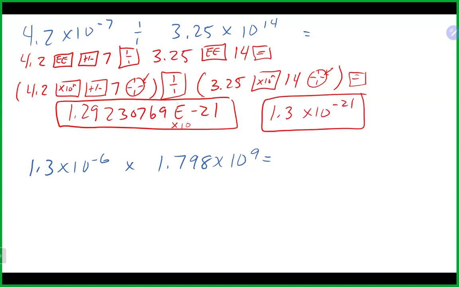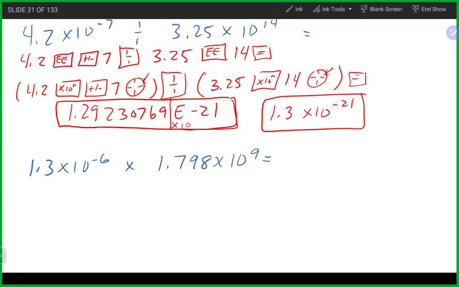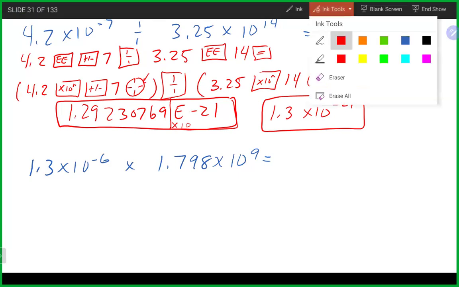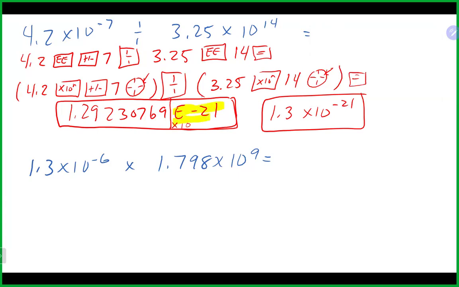Now, I would say a lot of people, when they punch these things into their calculator, or they get an answer in scientific notation, forget all about the exponent part on the right hand side. So you want to make sure that you do not forget about that when you give your answer.